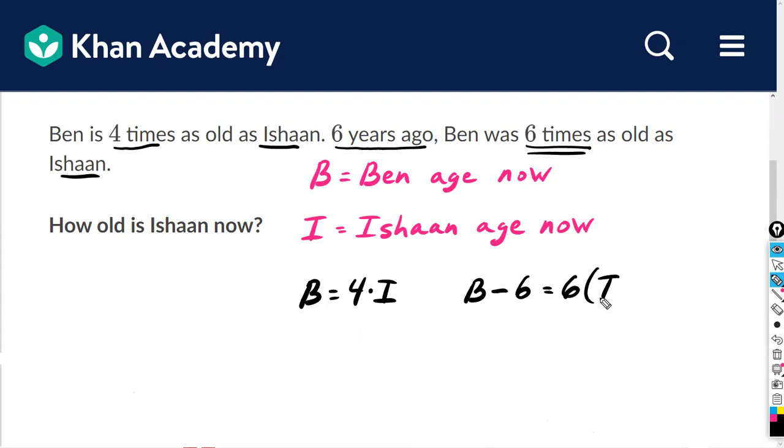So that's I minus 6. This is Ishaan's age 6 years ago. This is Ben's age 6 years ago, and that was 6 times as much.